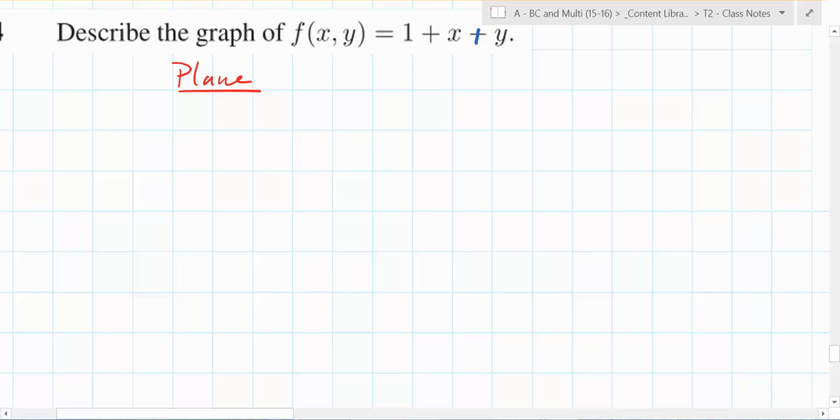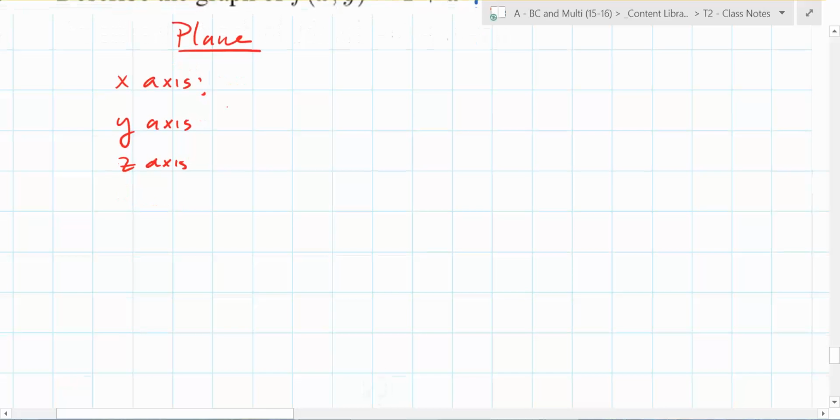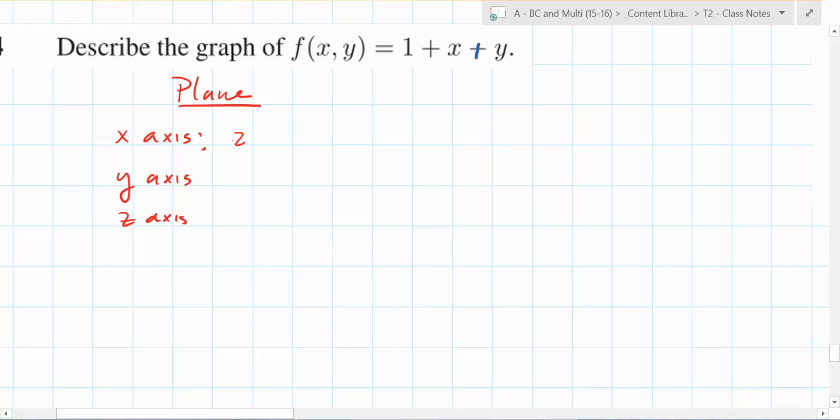Instead of the x, y plane, let's look at the x-axis, the y-axis, and the z-axis. What's true about the x-axis? That's when y is 0 and z is 0.